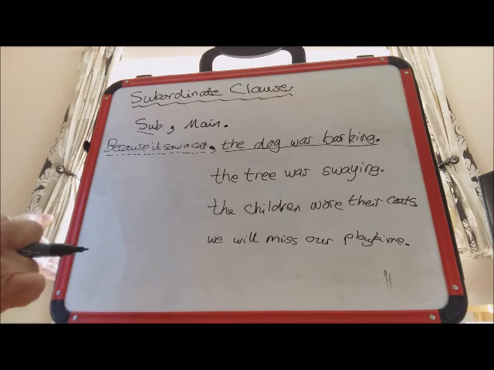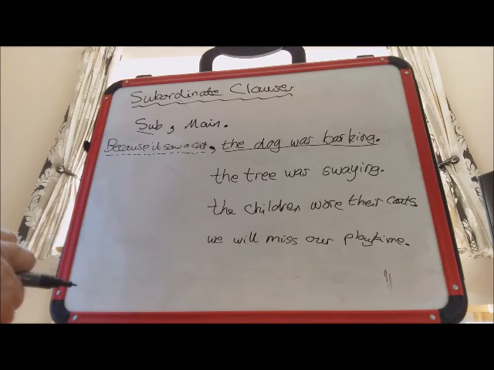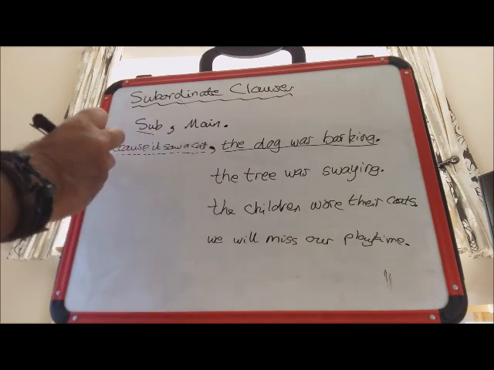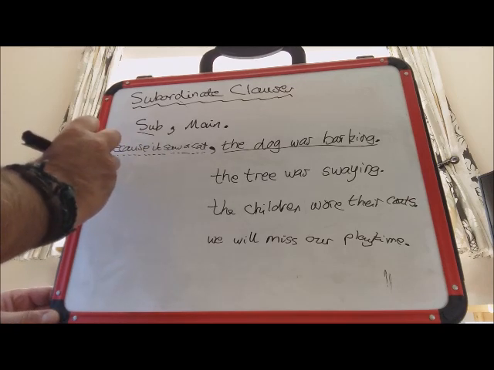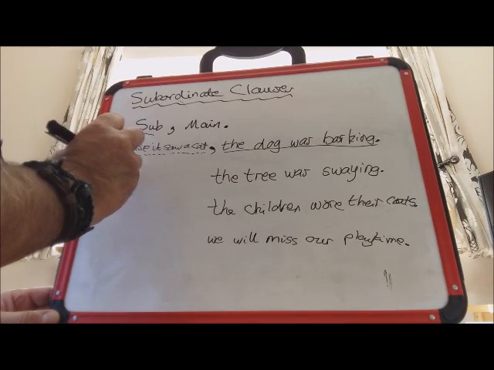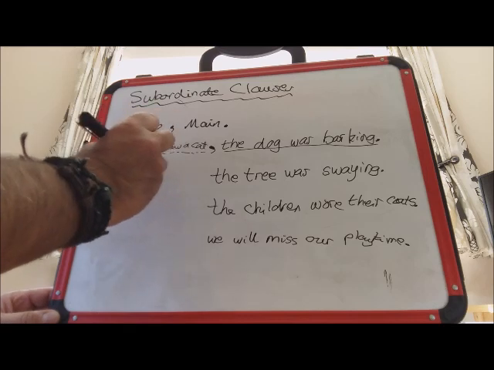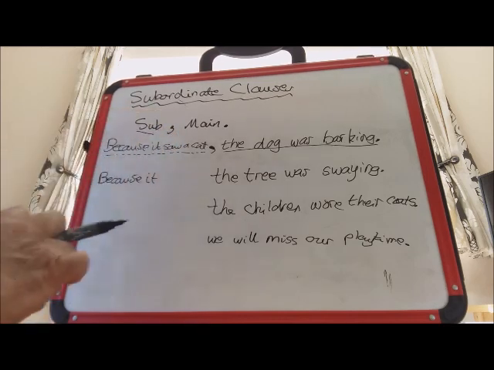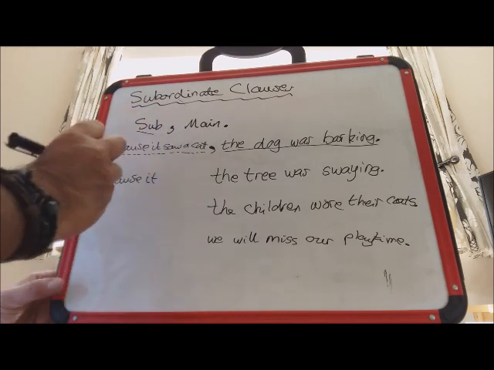Number 2, the tree was swaying. Well, the tree's not going to sway because it saw a cat. The tree's not going to sway because it's upset, because it was its birthday, obviously. So really, the only thing I was thinking of was wind. So because it was a windy day. I was going to say because there was wind. That's not very good.